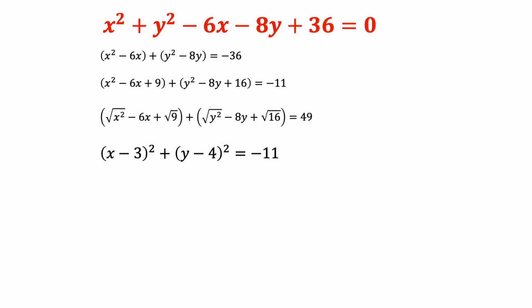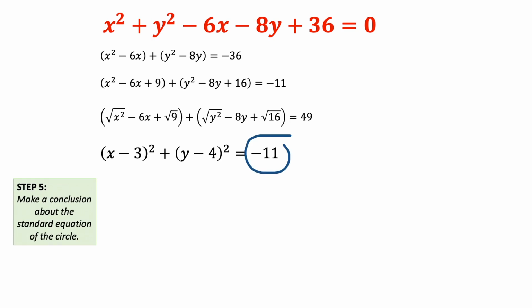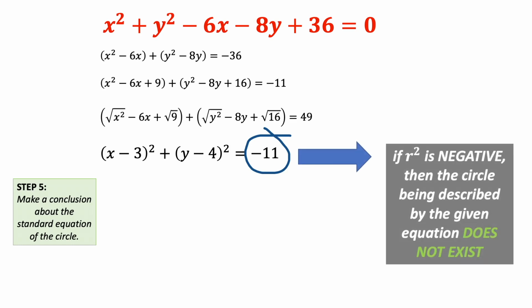Oops! Did you also see what I saw? Legend! The length of the radius of the circle is negative. What does it tell us about our circle? Touché! If r squared is negative, then the circle being described by the given equation does not exist.